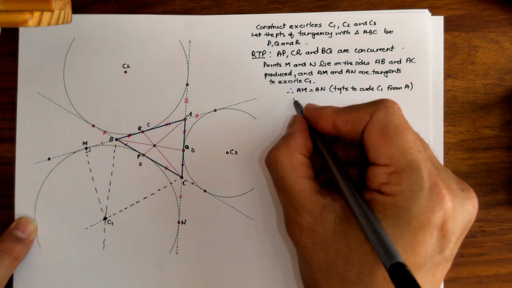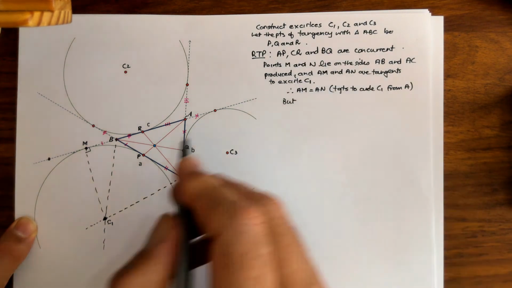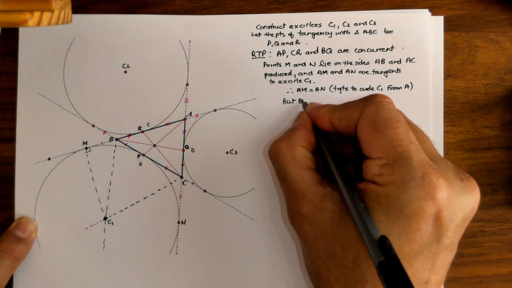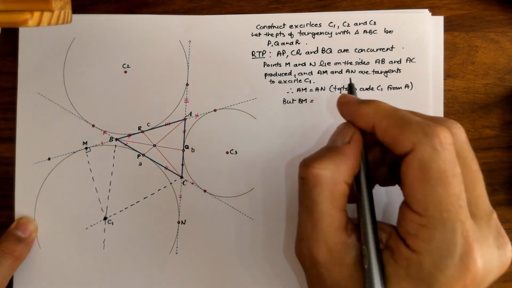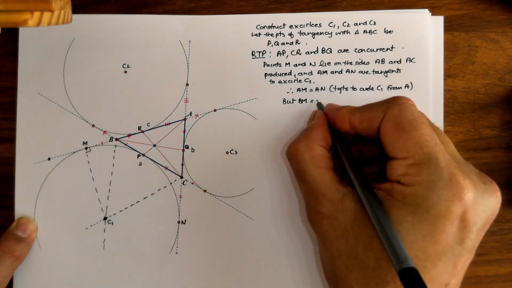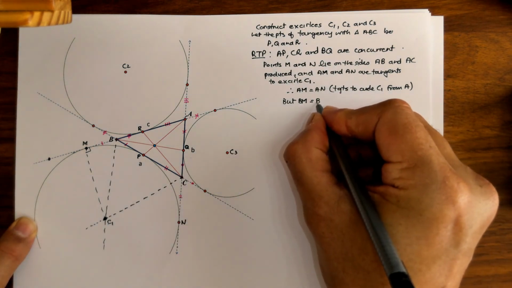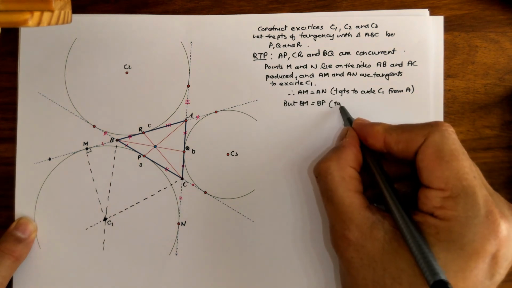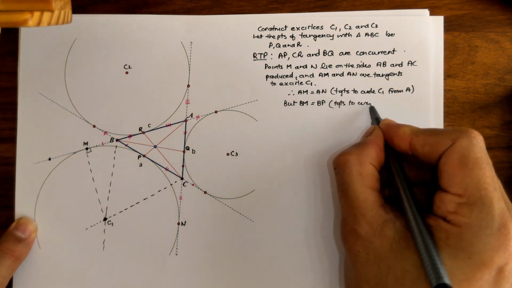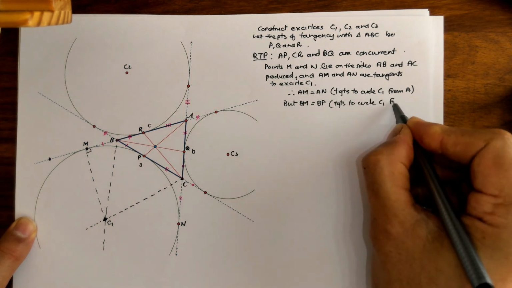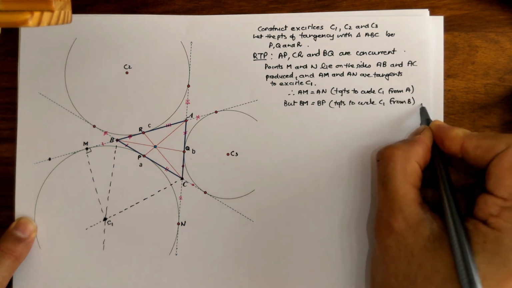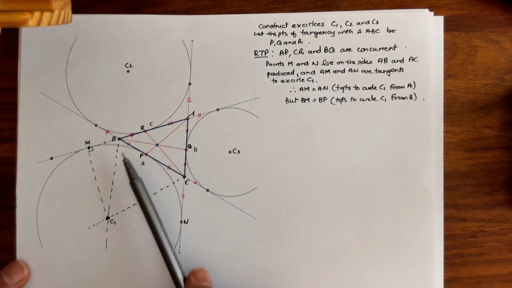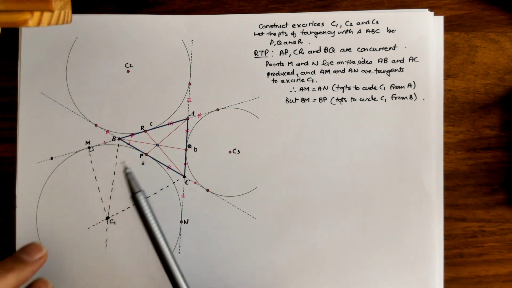But now, what do we know? We know that MB or BM is equal to BP. How do we know that? For the same reason. Tangents to the circle C1 from the external point B. Okay, so we know that this little BM is equal to BP.